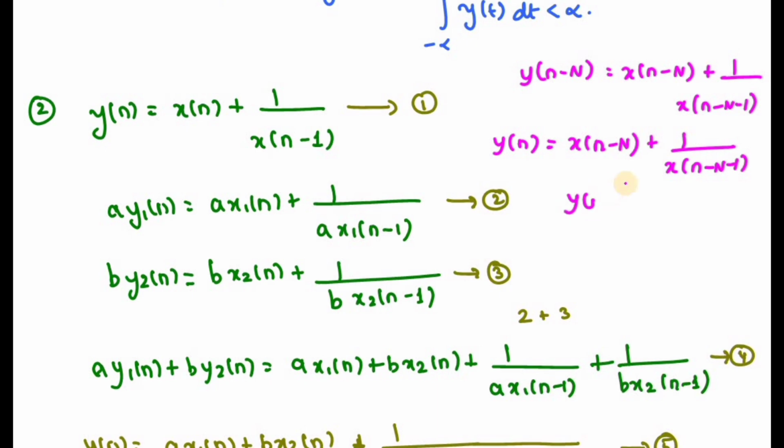If we equate the first equation and the second equation, I will get y of n minus N equal to the shifted output. So it is time invariant.